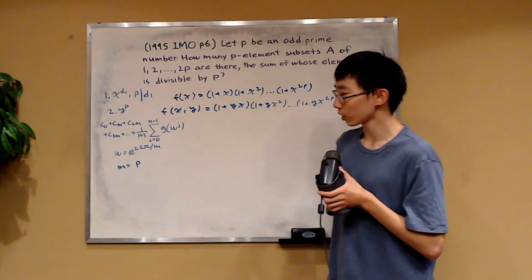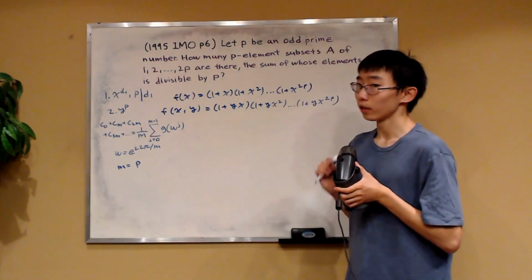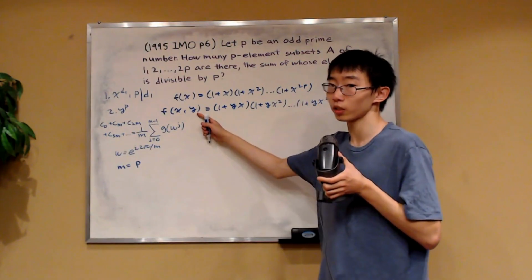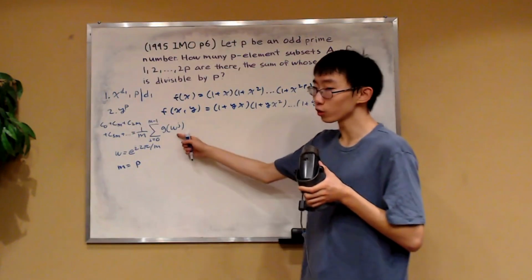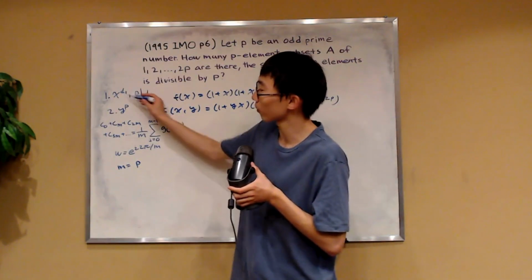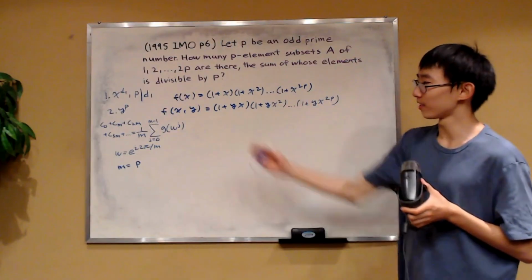Note that the relevant case is when m is equal to p for our question, right? Now notice that with this formula, if we were to treat y as some constant, then we can use the roots of unity filter to find all x terms in which the power is divisible by the prime. So let's use the formula.